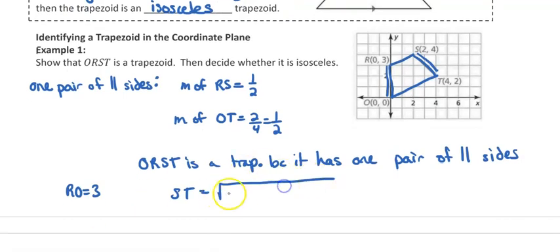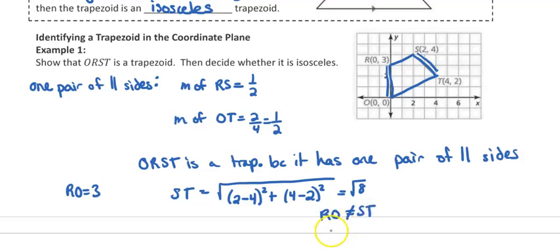Remember that the distance formula is the square root of x2 minus x1 squared plus y2 minus y1 squared. Putting that in a calculator, I get the square root of 8. The square root of 8 is not 3, so it is not isosceles. They would have to be equal for it to be isosceles.